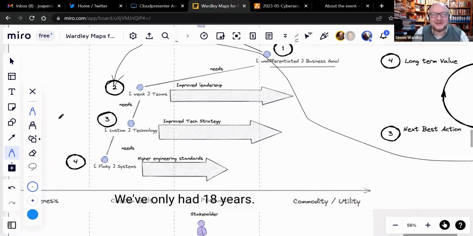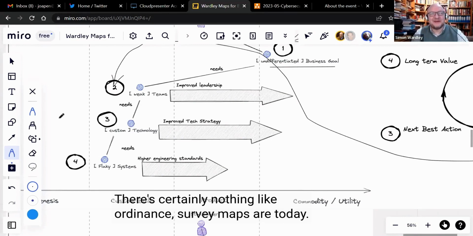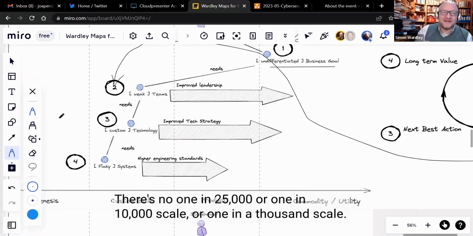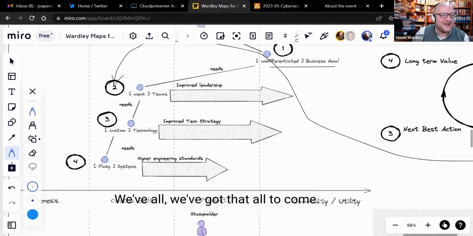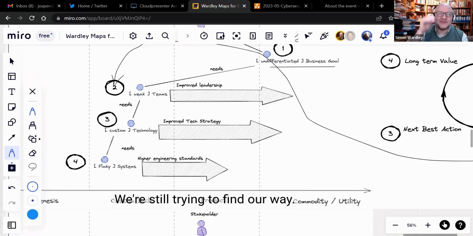We've only had 18 years. Our maps are still like early geographical maps. There's certainly nothing like Ordnance Survey maps today. There's no 1 in 25,000 or 1 in 10,000 scale or 1 in 1,000 scale. We've got that all to come. So they're all very primitive at the moment, and there's different ways of doing it. We're still trying to find our way.